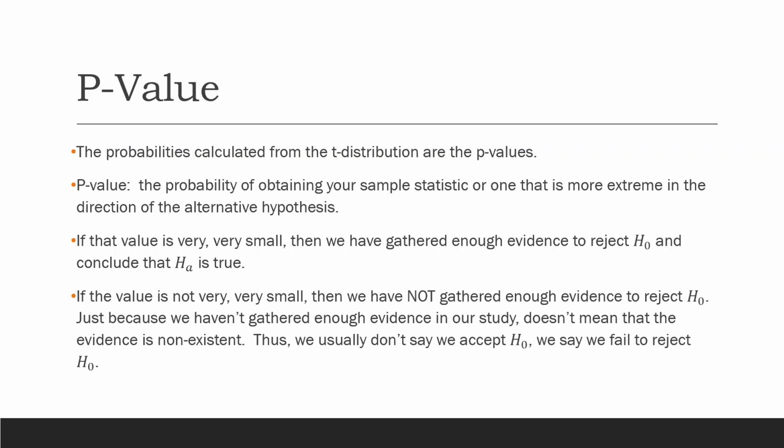Now, there are some statisticians that argue that we can say, oh, well, if we fail to reject the null or we don't gather enough evidence, that's evidence to support the actual null hypothesis. And other statisticians say this: just because we haven't gathered enough evidence in our study doesn't mean that the evidence is non-existent. We just haven't gathered enough evidence in our study, right?